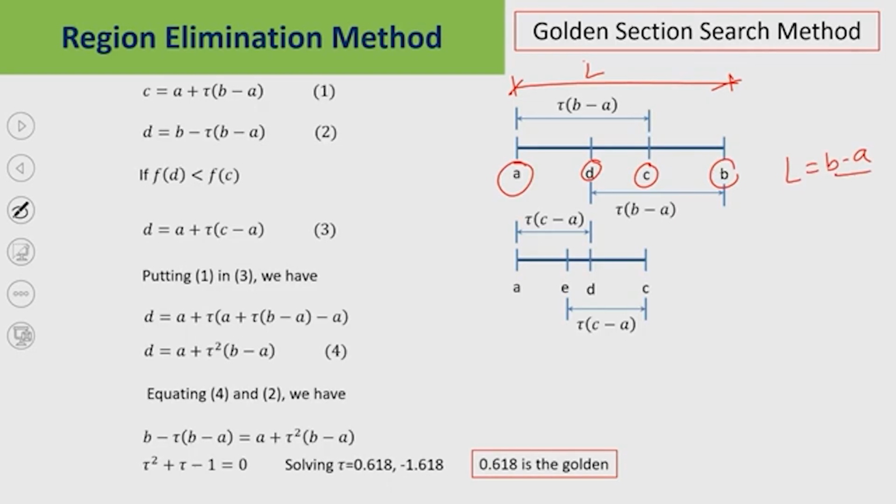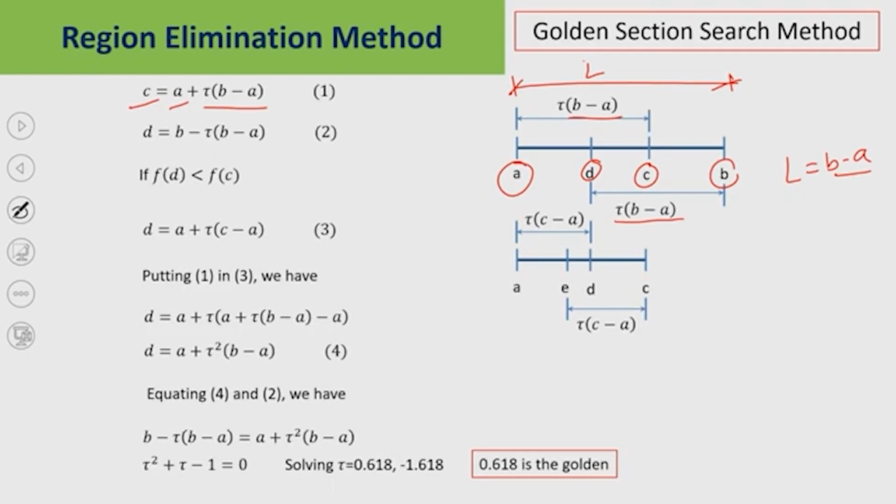So, this is your L. Now, the distance between A and C is tau times B minus A. So, therefore, I can write what is C. C equal to A plus tau times B minus A, is it not?